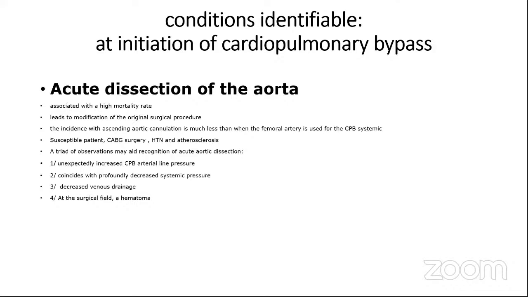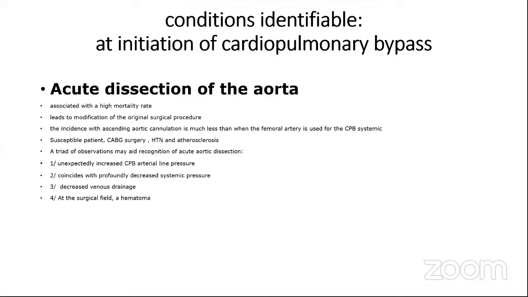A triad of observations may aid recognition of acute aortic dissection. First one, unexpectedly increased cardiopulmonary bypass arterial line pressure, especially while the perfusionist is testing; there will be a high pressure during testing.